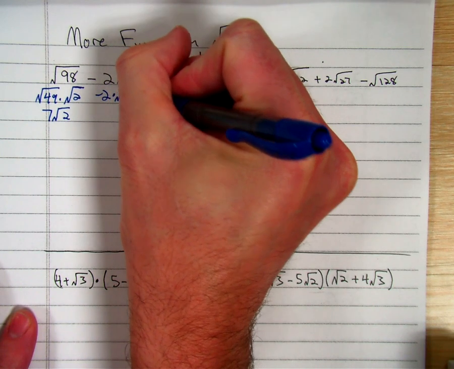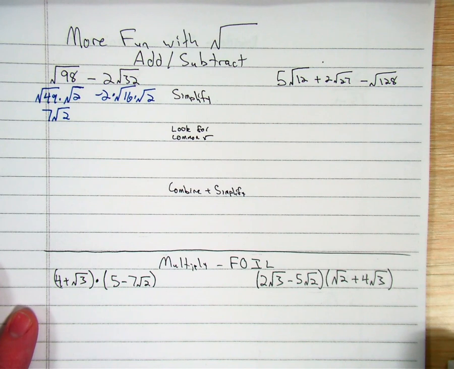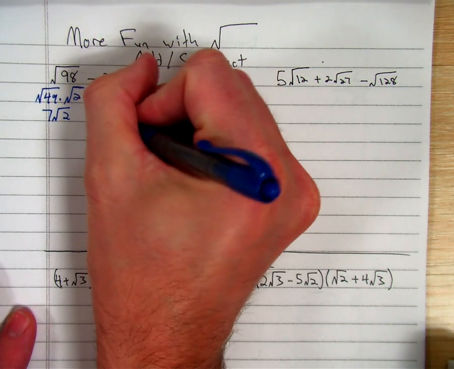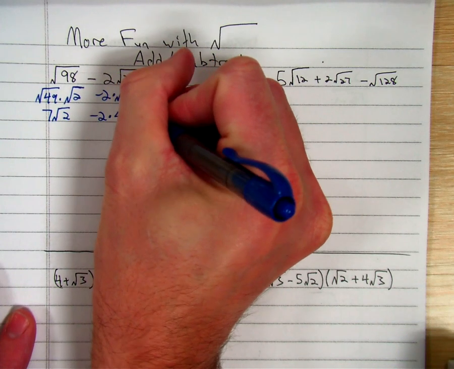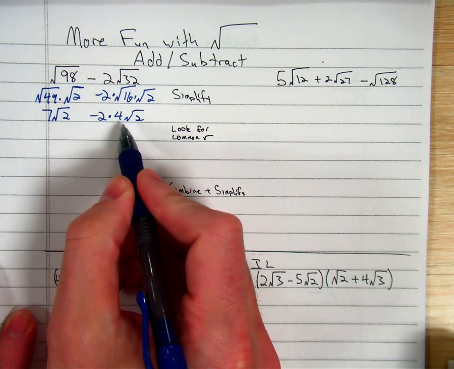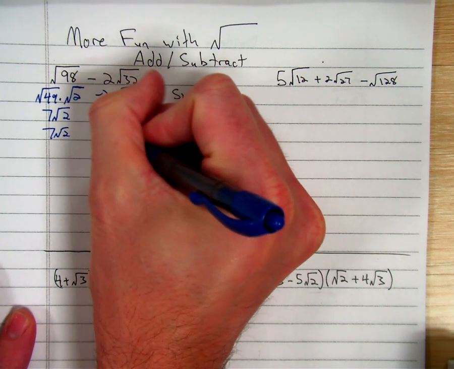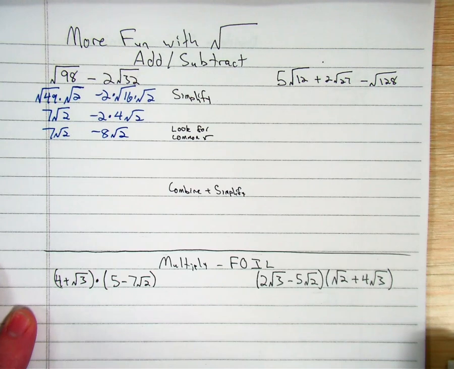Square root of 16 times the square root of 2. Okay, square root of 16 is going to be 4. Alright, put that together. Negative 2 times 4, we'll have 7 radical 2 minus 8 radical 2.